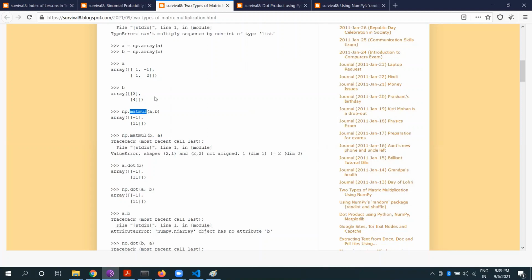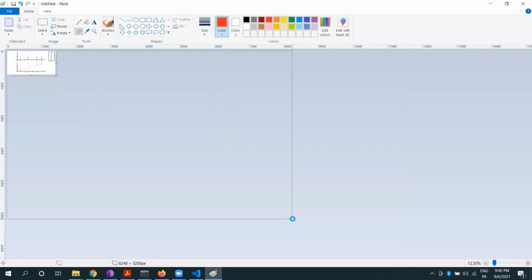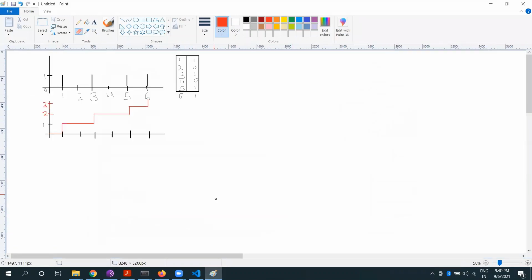Yeah, a vector can be multi-dimensional as well. If it's a point, there will be only a one-dimensional array. If it's a line, then it will be two-dimensional.